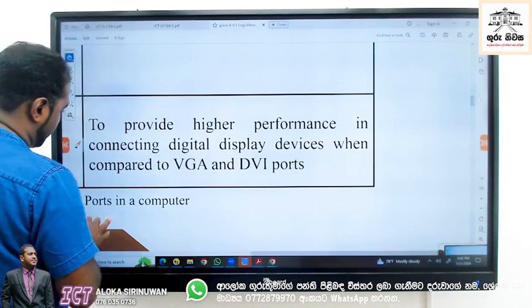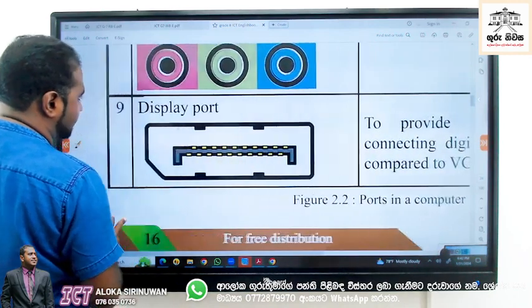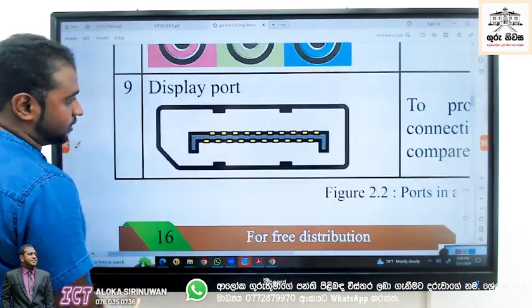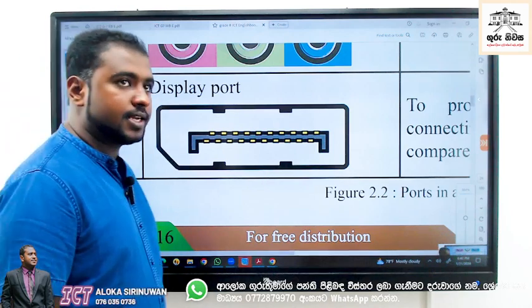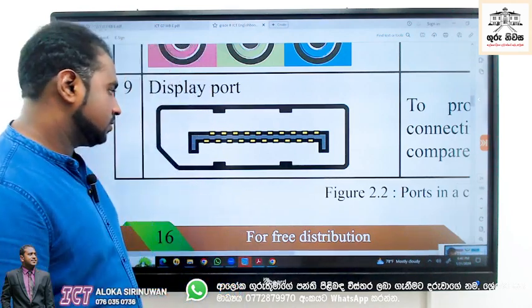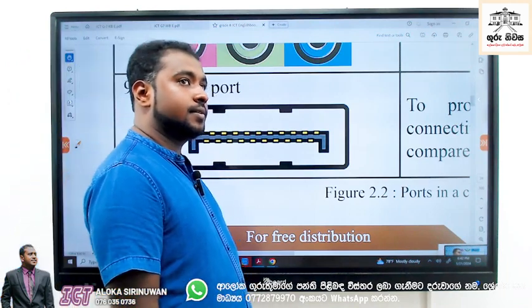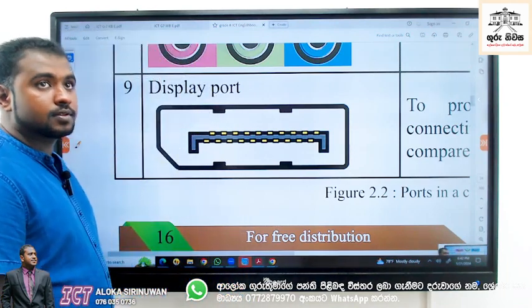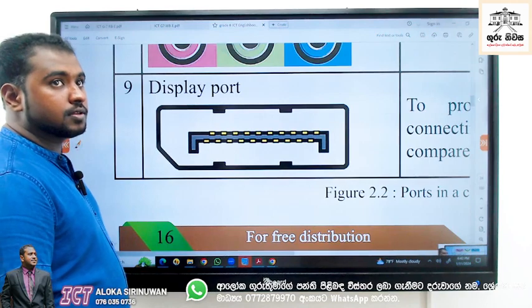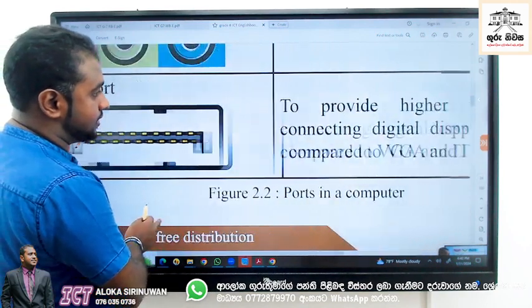Draw the port, everyone, soon. This display port. You should draw this in your book. Hurry up. I drew it, sir. Okay, very good. Sir, can you show the sentence? Do we have to write? All right, right.